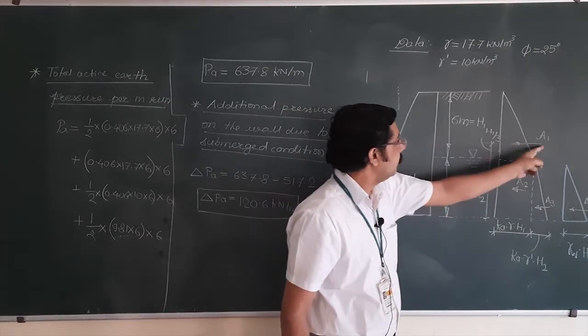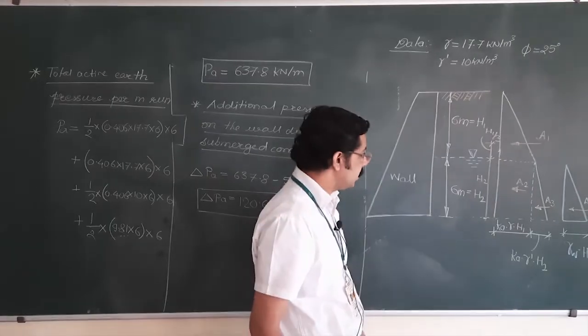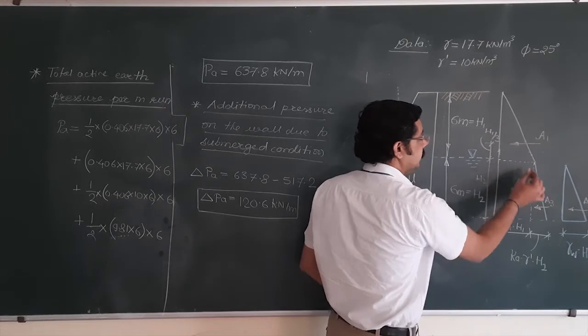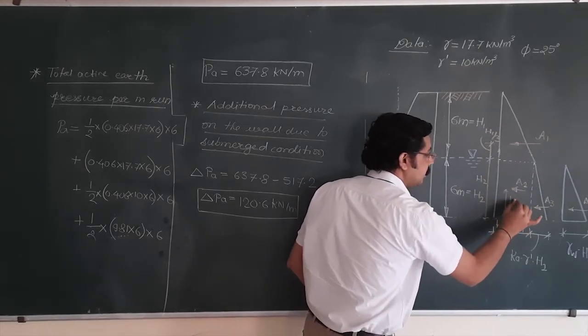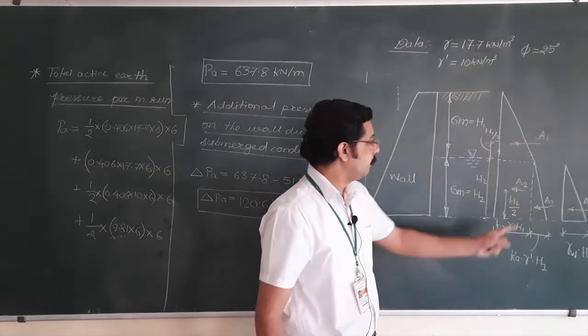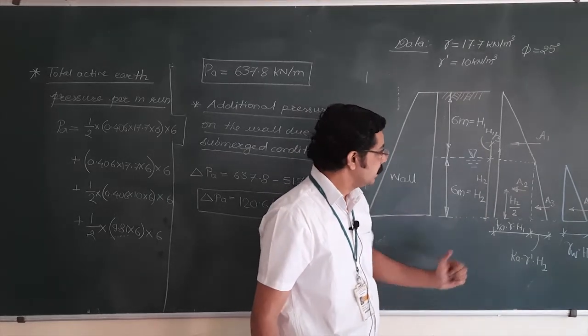So A1 multiplied by (h1/3 plus h2) will be the equation. For A2, this is the center of this rectangle, hence this height is h2 divided by 2, which will be the lever arm when we find the moment. Hence A2 multiplied by h2/2.